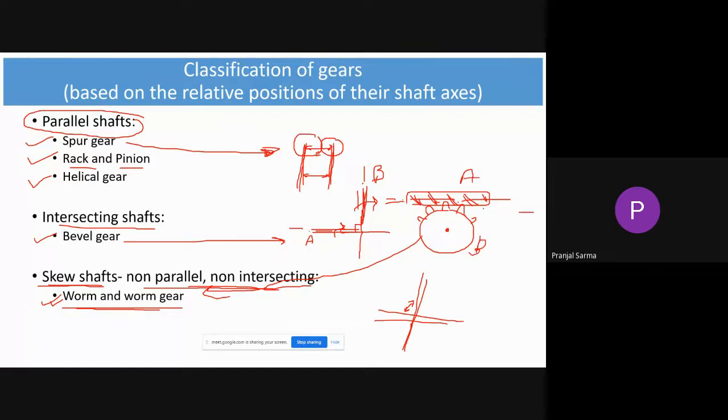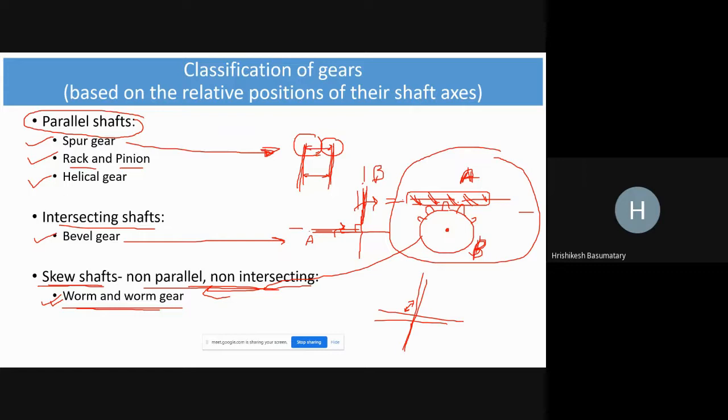For the element A, what is the direction of its axis or shaft direction? For this diagram I am talking about, I am considering the screw element as element A, and the gear, the wheel element, as element B. So for element A, where is the axis of the shaft?